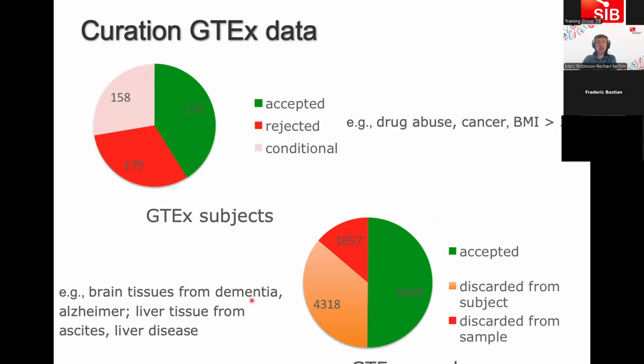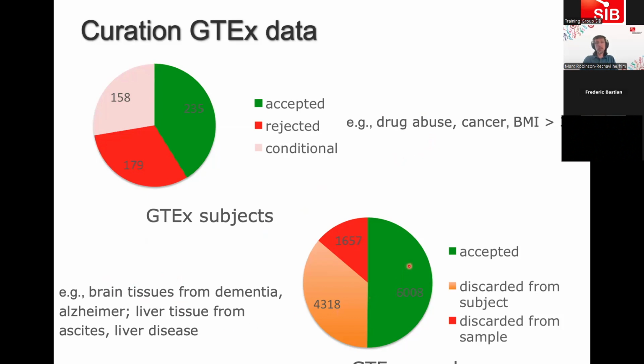And also among those who did not die of a cause which we consider makes the whole individual not wild type healthy, for example, drug abuse, I think you can say someone who died of drug abuse was not in the physiologically healthy state. Some had issues which make us exclude a specific organ. For example, if someone died with dementia or Alzheimer's, we will not keep the brain tissues in Bgee.